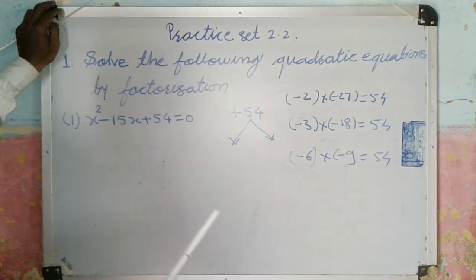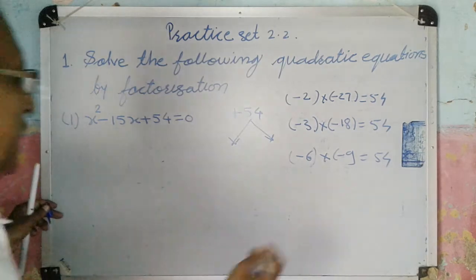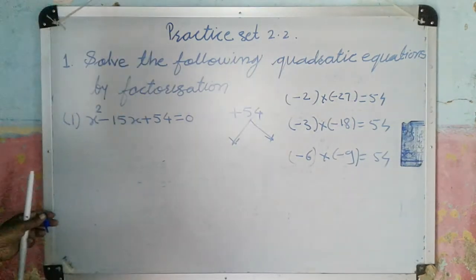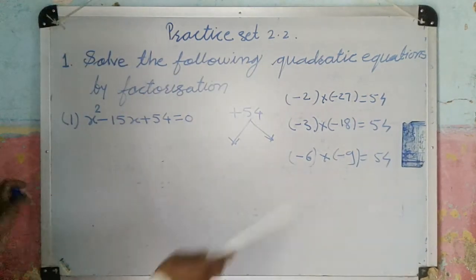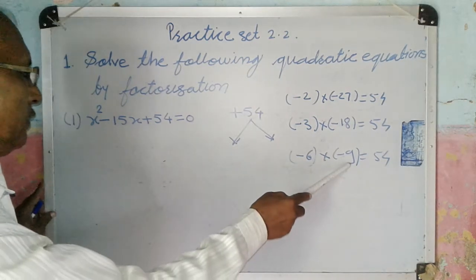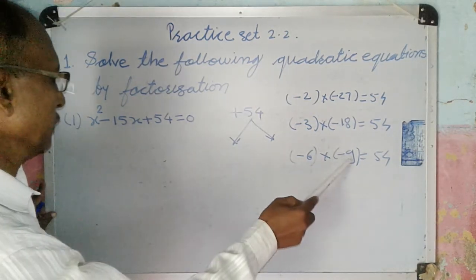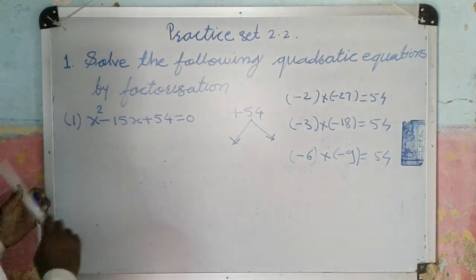Now see here, if we take minus 6 multiplied by minus 9, we get minus 6 plus minus 9, which is minus 15.